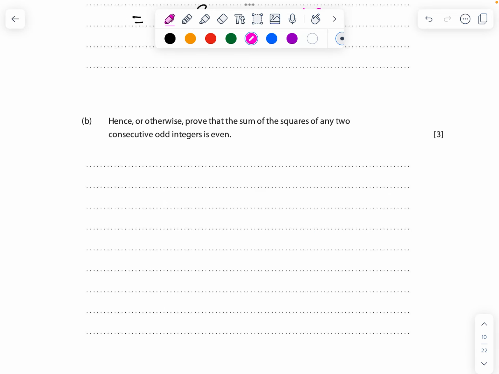Hence or otherwise prove that the sum of squares of any two consecutive odd integers is even. So 2n minus 1 and 2n plus 1 are consecutive odd integers.